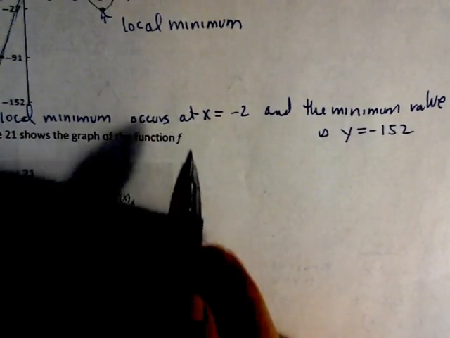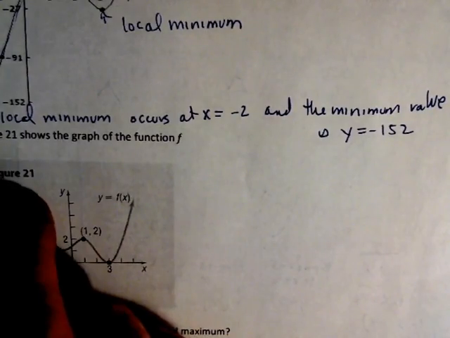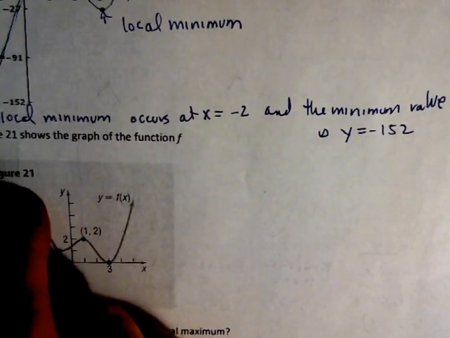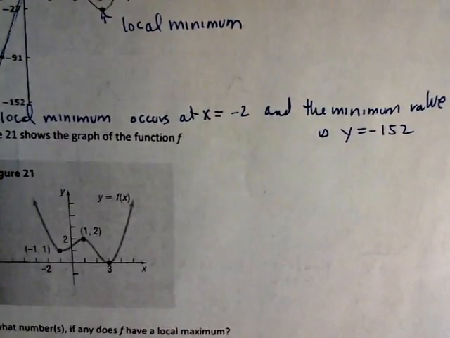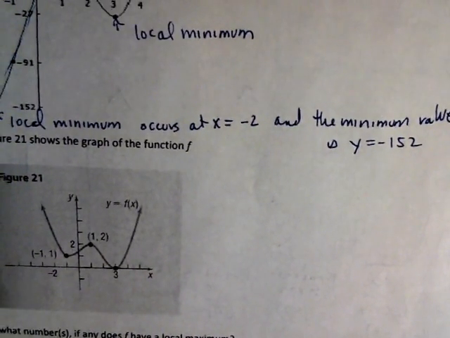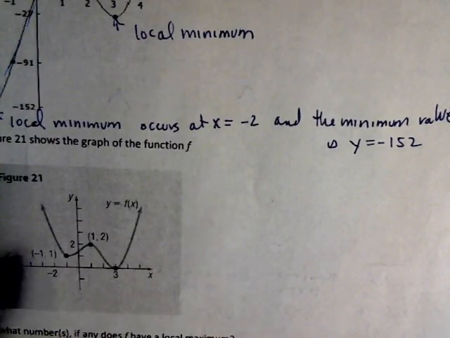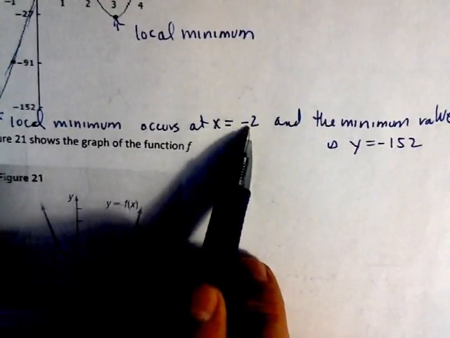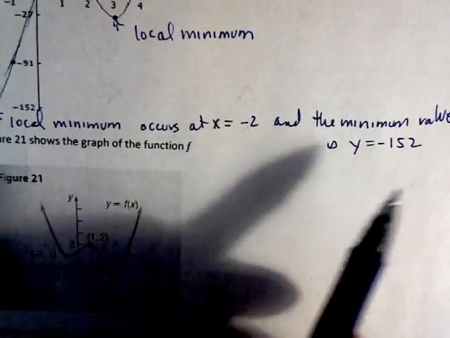So we always want to give, it's just like giving the point, really, is what you're doing. You're just giving the point. X is -2, Y is -152, but they're going to ask it differently in the book, or the way they word it sometimes is confusing. And the next example, I'll show you what we mean, but I'm perfectly fine for you just telling me X is this, Y is that.